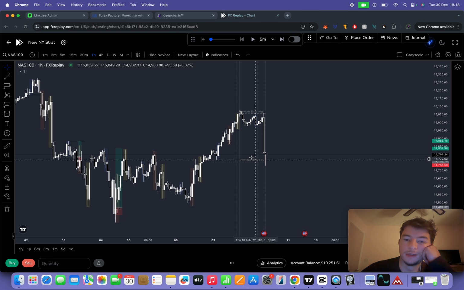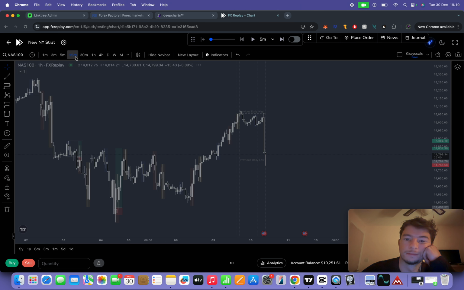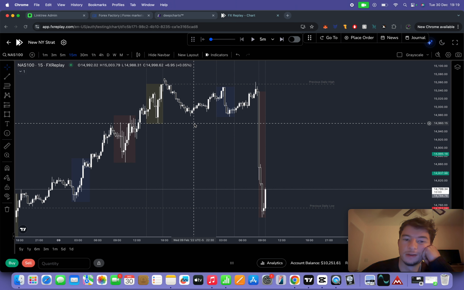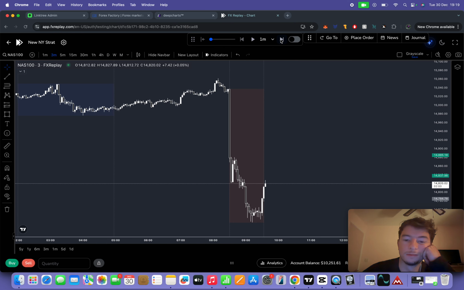So we swept previous daily low and that London high. We've already swept this London high. I think we could see a recovery up to this sort of level. Let's have a look, depending on how price moves. Okay.